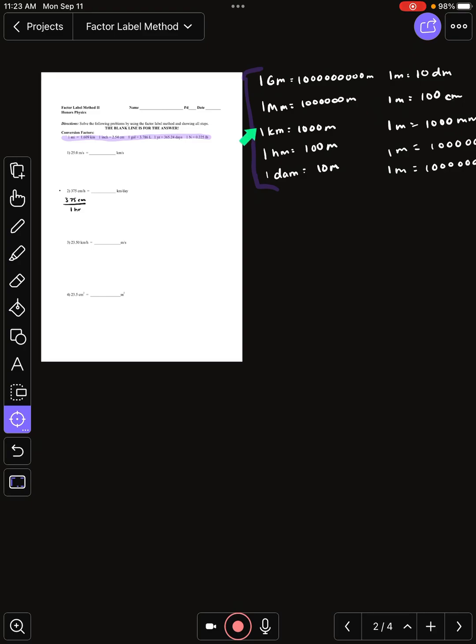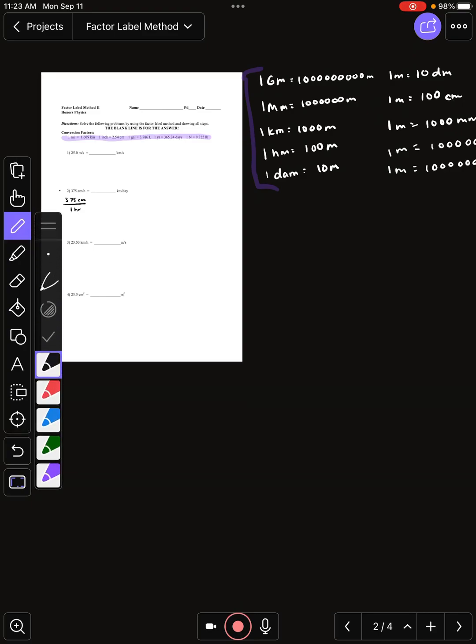And from kilometers to meters, 1 kilometer is equal to 1,000 meters. So those are the two I'm going to use to get from centimeters to kilometers.